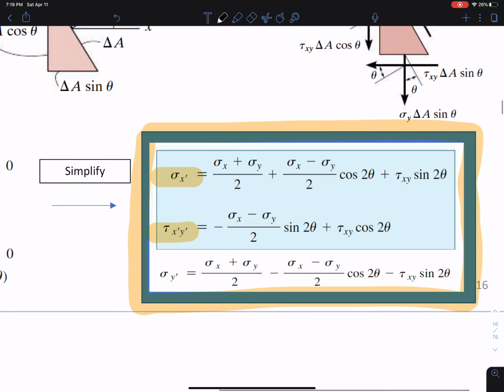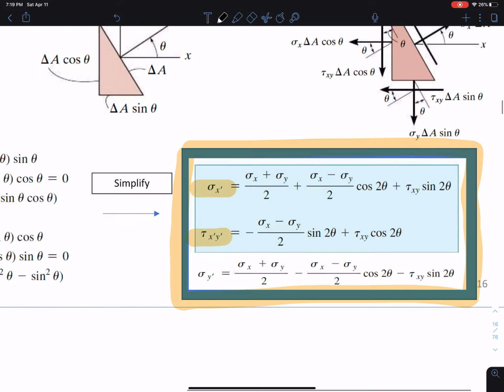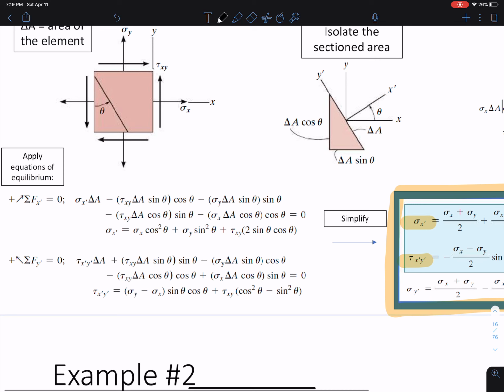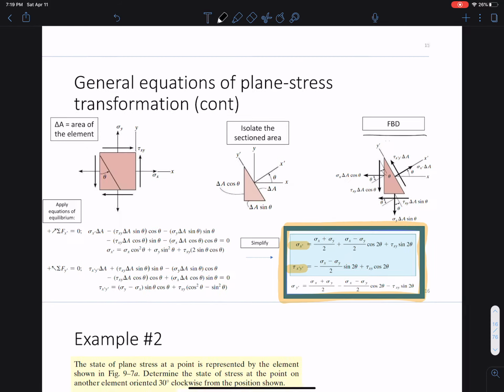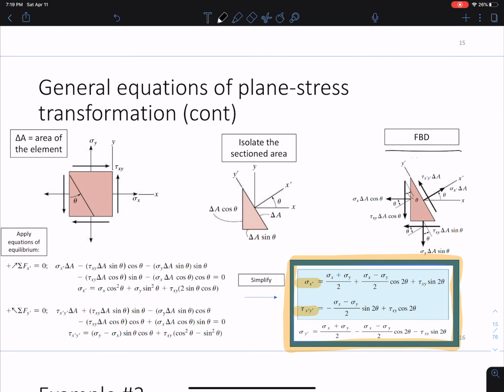So all we'd have to do is plug in the theta and we can directly solve for these values instead of having to do all these crazy calculations for equilibrium every time and keep track of our vectors and everything like that. So you can always just go to these equations and use these instead.